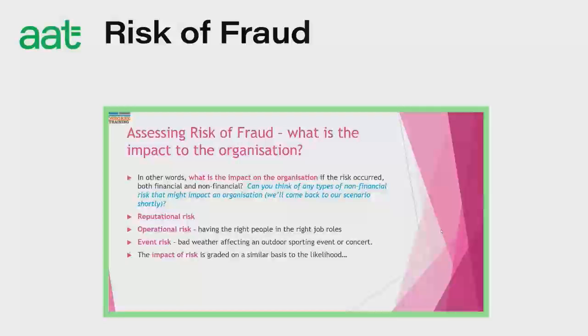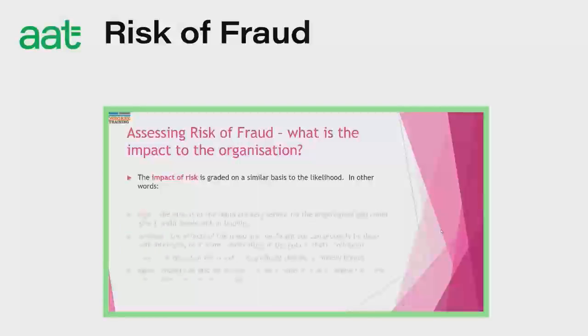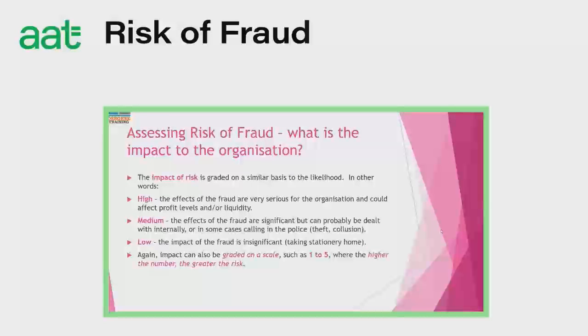Okay, and so our impact of risk is graded on a similar basis to the likelihood of risk. So in other words, high, medium and low again. So high, the effects of the fraud are going to be very serious for the organisation, could affect profit levels and or liquidity, could potentially lead to the organisation actually going bust, falling into administration.